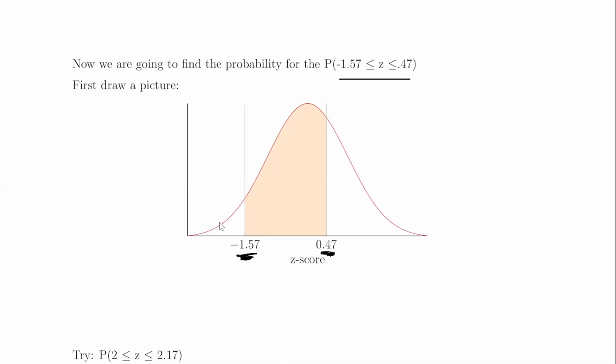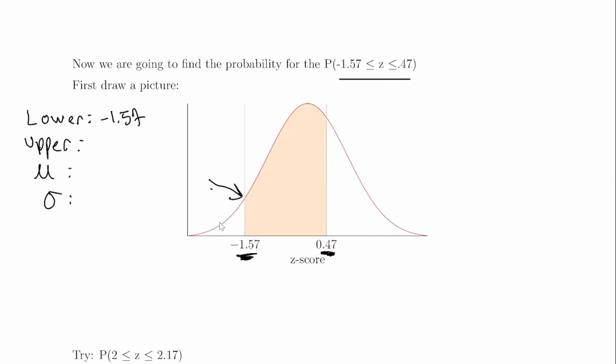So we're going to figure out the lower, the upper, mu, and sigma. If you look at the lower, for this one we have a cutoff in the lower end, which is negative 1.57. So we put lower is negative 1.57.